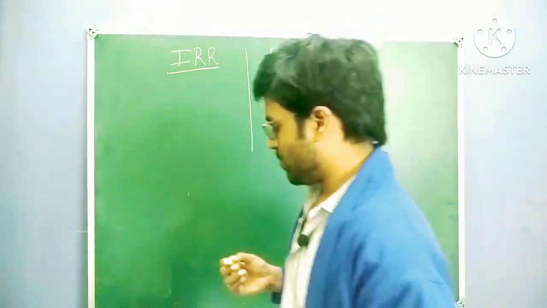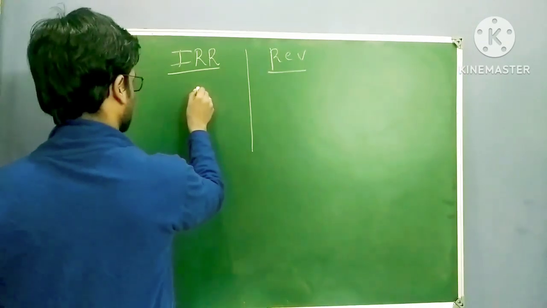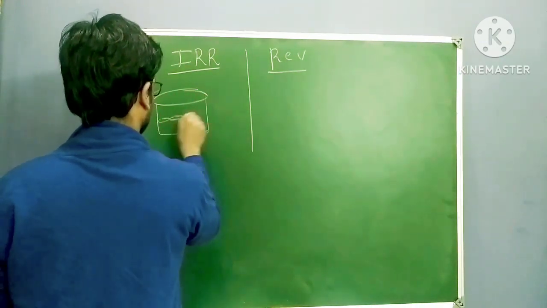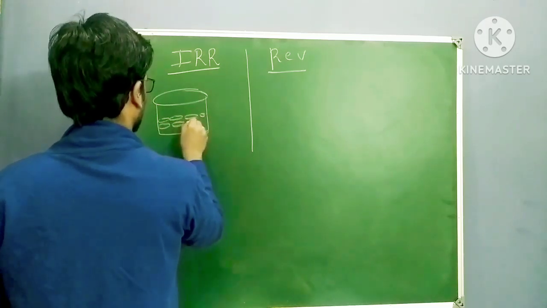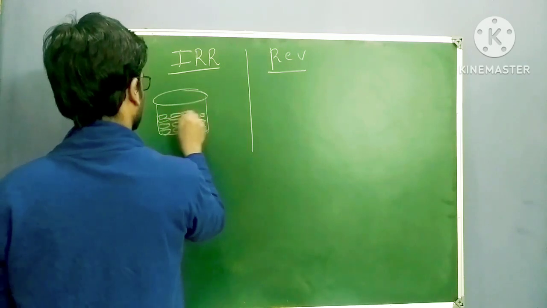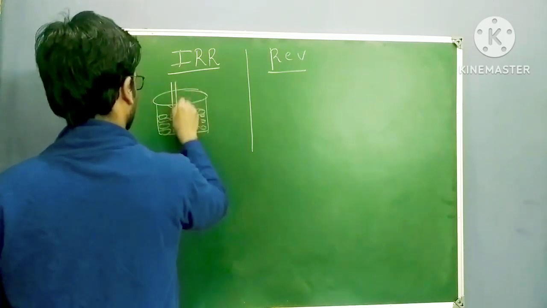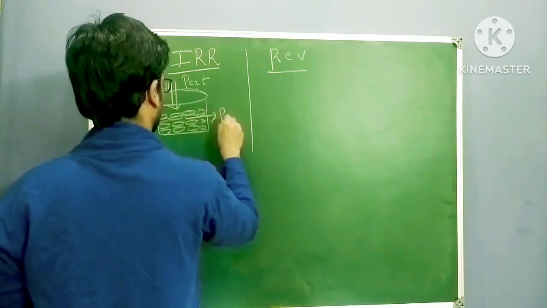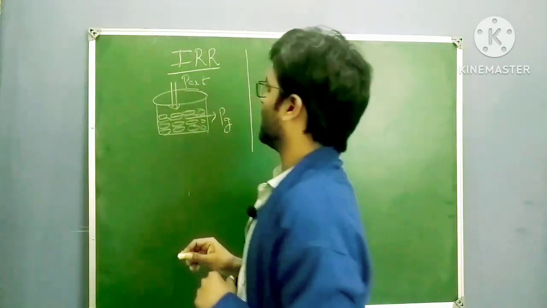Suppose, what is this? I'm having gas here, right? Gas particles are there. Now, I'm performing some operation on this. That is nothing but your process. So I'm applying some external pressure. Initially, the gas has some internal pressure, P gas.